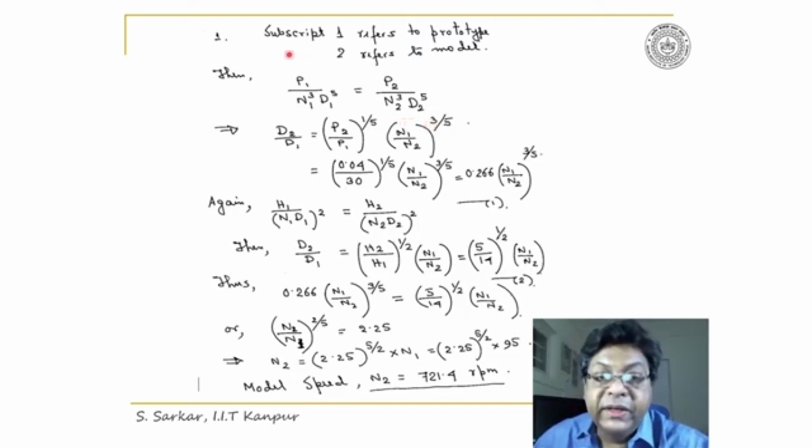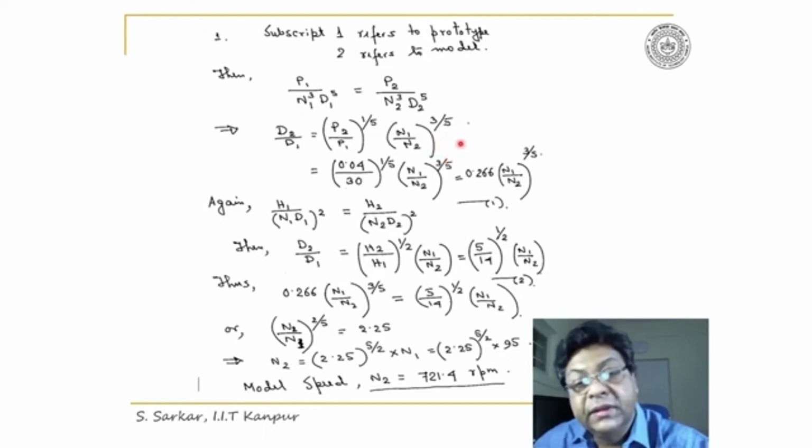From this relation, I can express the ratio D2 by D1 as P2 by P1 to the power 1/5 and N2 by N1 to the power 3/5.